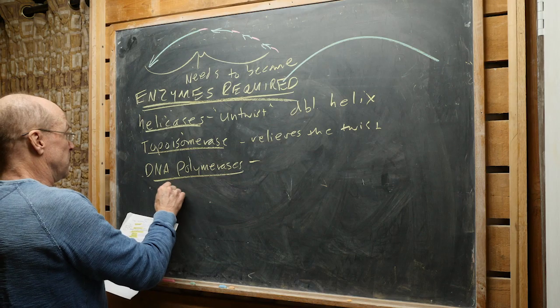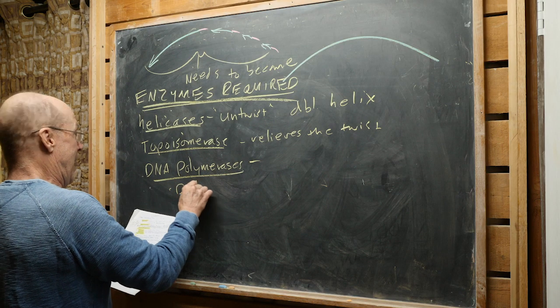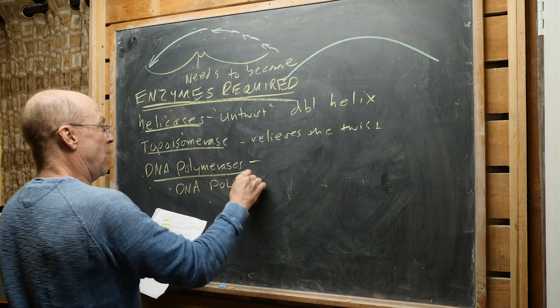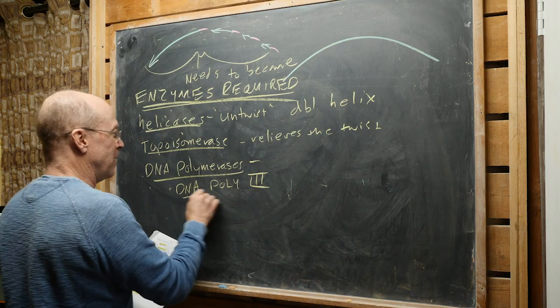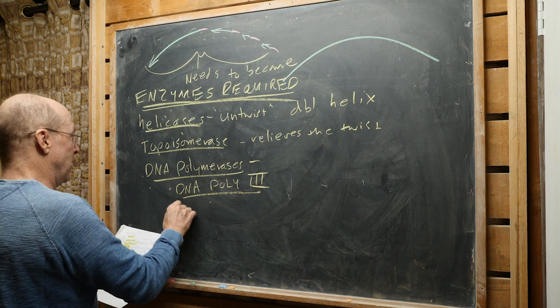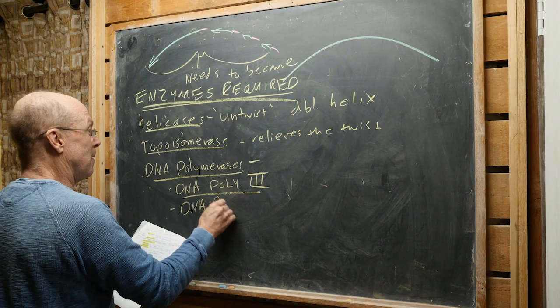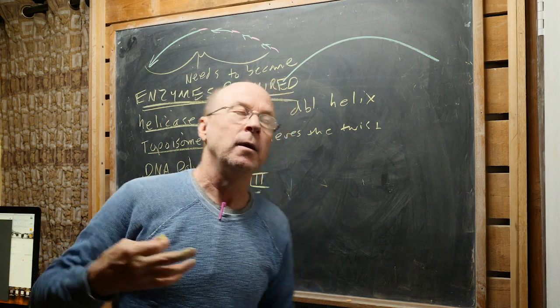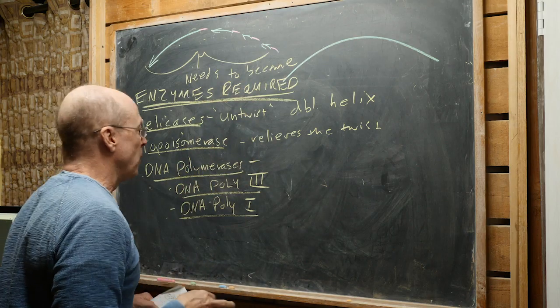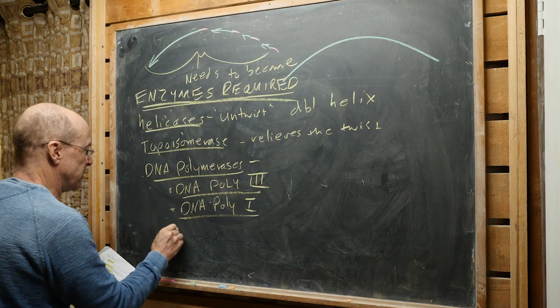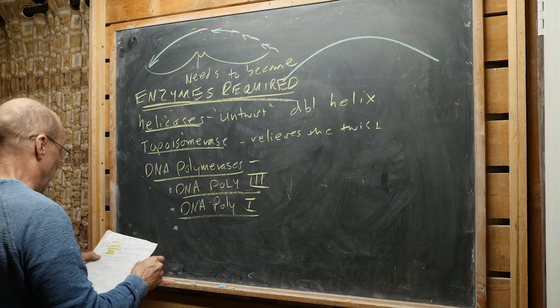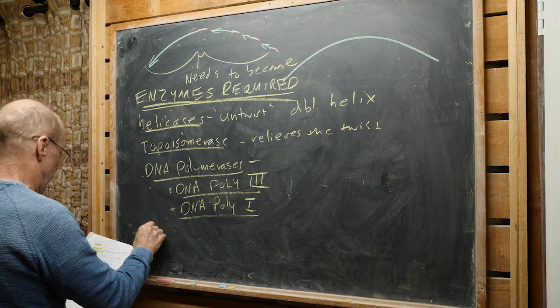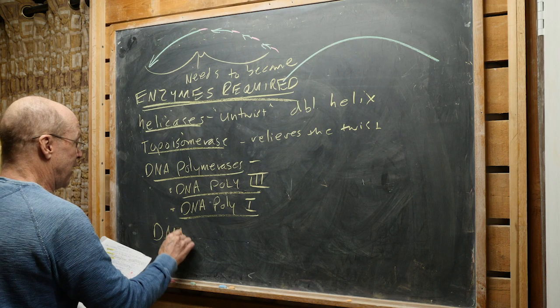We're going to need first DNA poly 3. Why am I putting them in a backwards order? I'll explain in a minute. We're going to need DNA poly 1. They call them poly 3, poly 1, instead of the full name. It's just, I guess, a shortening of the deal. And then we're going to need what's called DNA ligase.